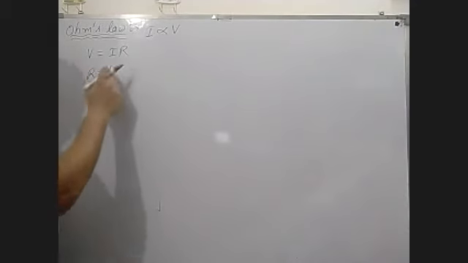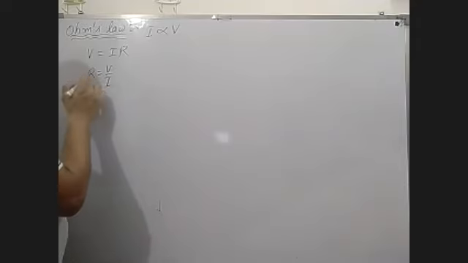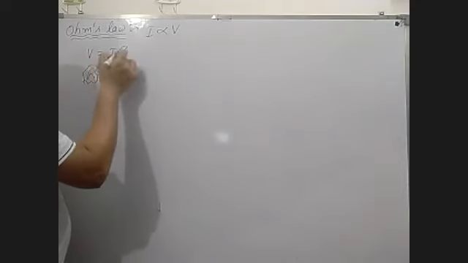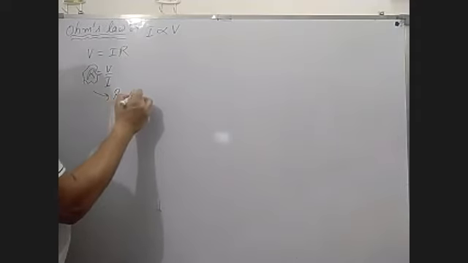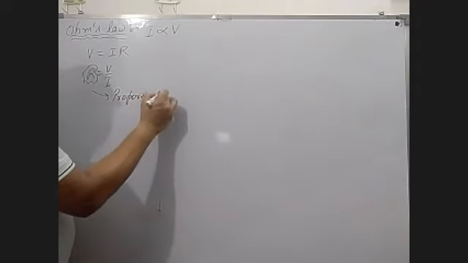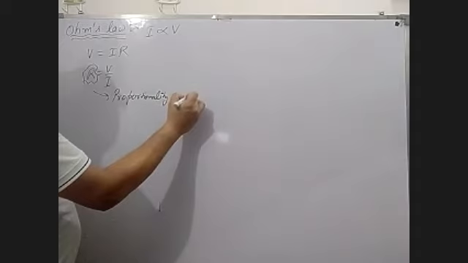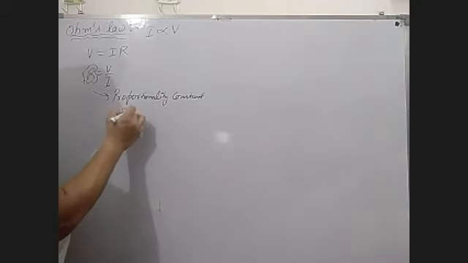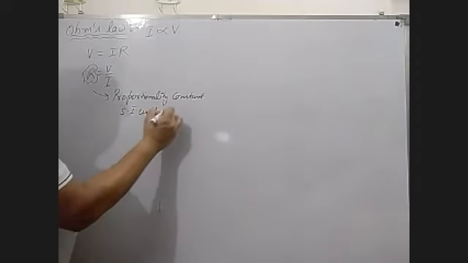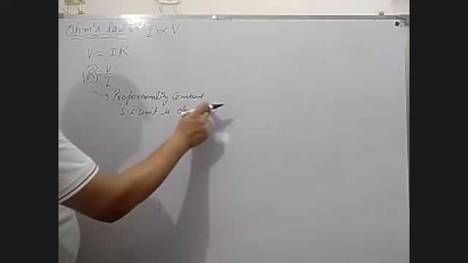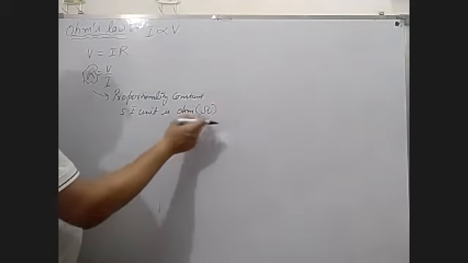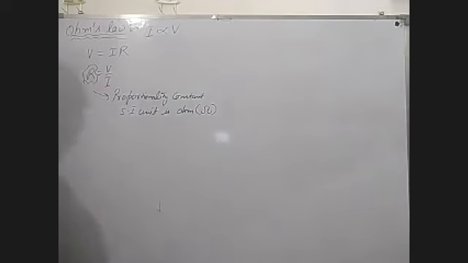Or you can say the ratio of voltage upon current, where R is the proportionality constant. And its SI unit is ohm. And ohm can be written in two ways, OHM or this symbol. Now what is R? R can be defined as the ratio of.